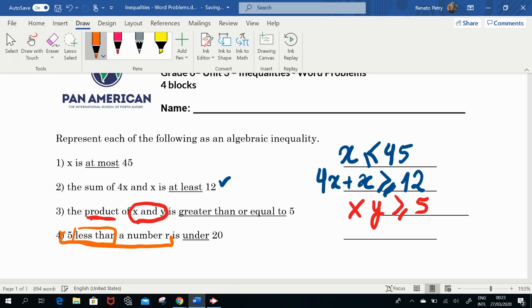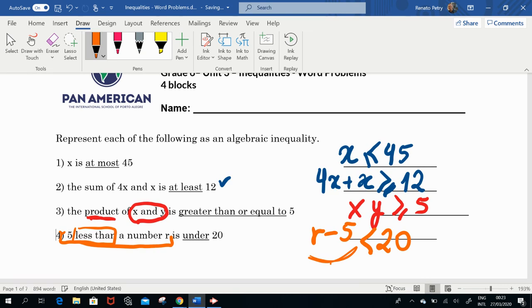So 5 less than a number r is actually r minus 5. And all of this has to be under 20, which means it can't be 20. So 20 is not part of my answer. All of this has to be less than 20.